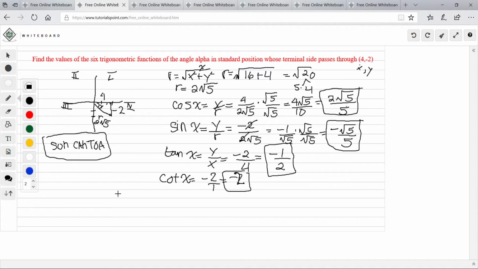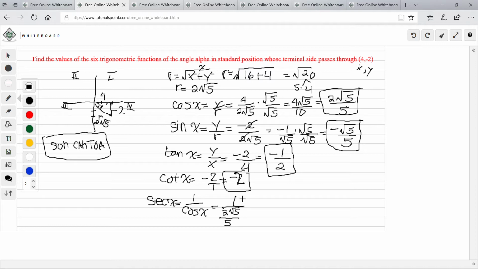Okay, let's find secant. Secant is the same thing as 1 over cosine alpha. So it's 1 over, and we know cosine alpha is right here, 2 root 5 over 5, so it's 1 over 2 root 5 over 5.